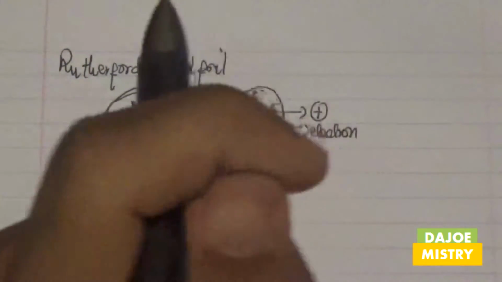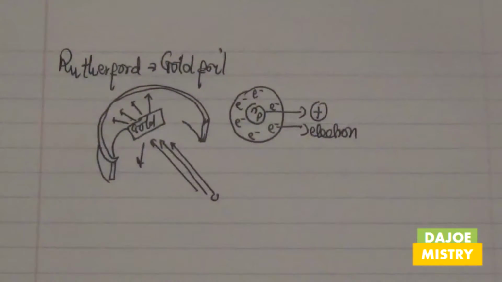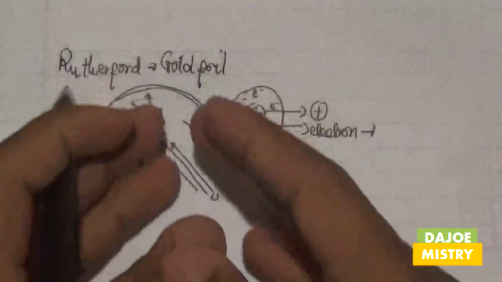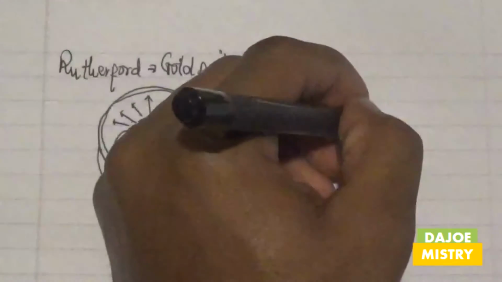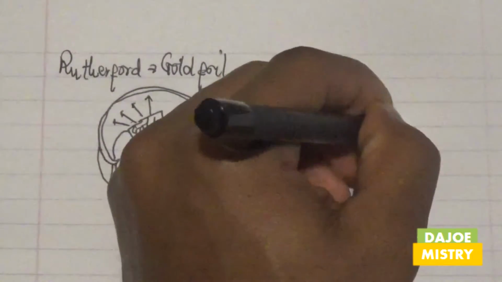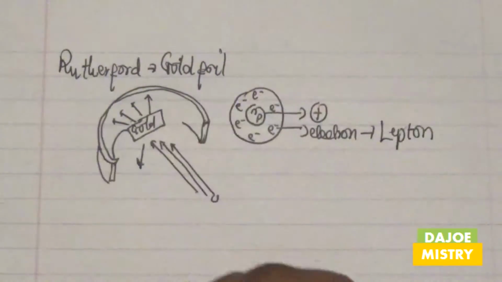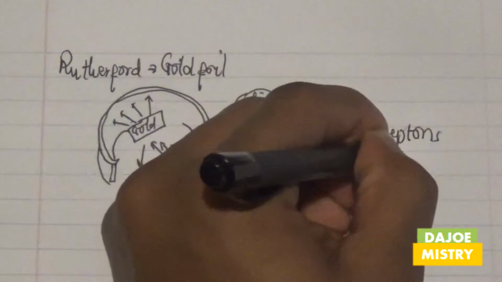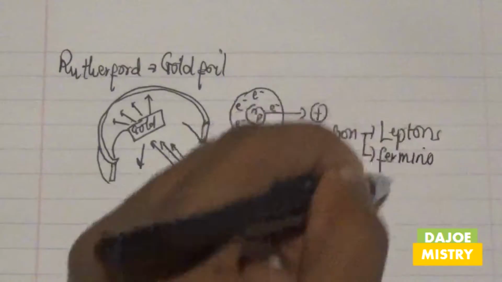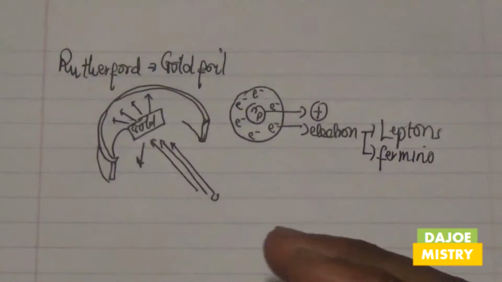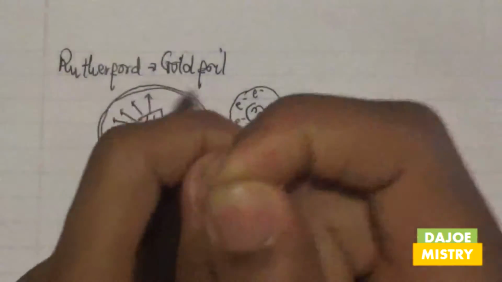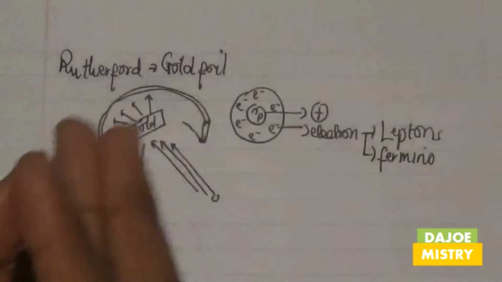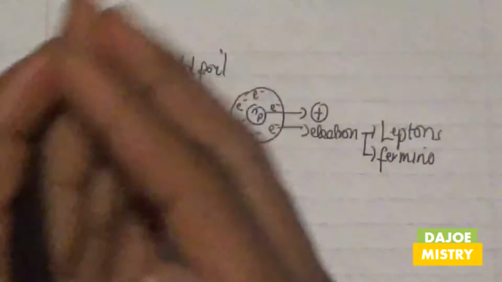Now, looking at the electron, if you look at our previous video, we discovered that the electron is a fundamental particle. And once you're a fundamental particle and you are light compared to the nucleus, then you're categorized as a lepton, and leptons are known to be fermions, which obey the Pauli exclusion principle and have a half integral spin.